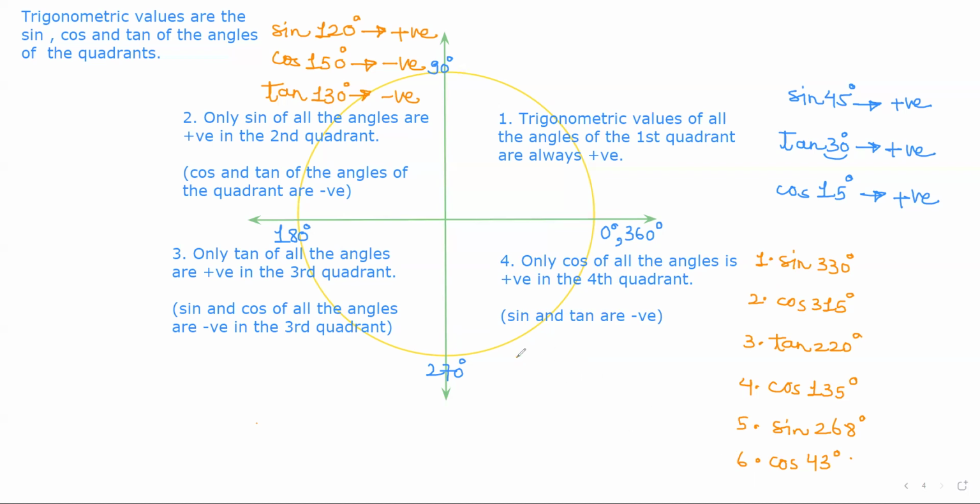And seventh one is tan, one minute, 315 degrees. Eighth one is sine 230 degrees. And the ninth one is tan of 150 degrees. Okay.